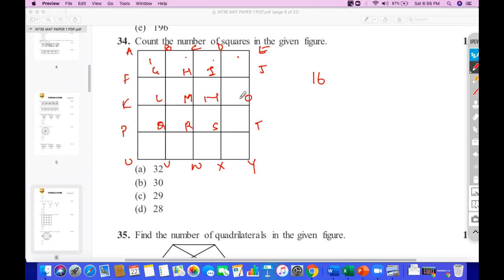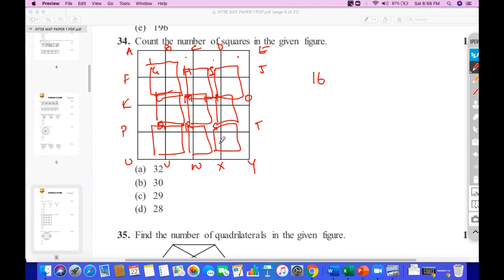Now let me take 2 into 2, which have 4 components. So I have 1 out here, then 2 out here, then 3 out here, then 4, 5, 6, and then 7, 8, 9.